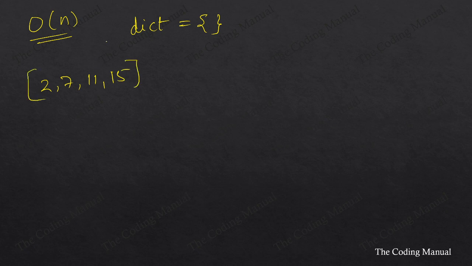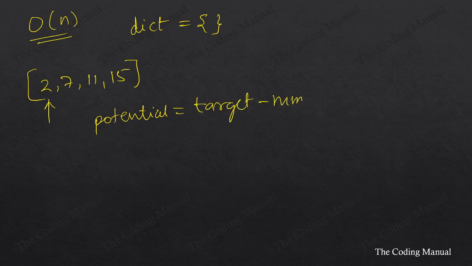What we can do is use a dictionary. We will take a dictionary and loop through once. We take this element, and the potential candidate is target minus nums of I. In this case target was 9, so 9 minus 2 is 7.